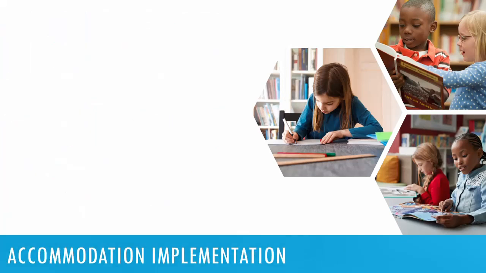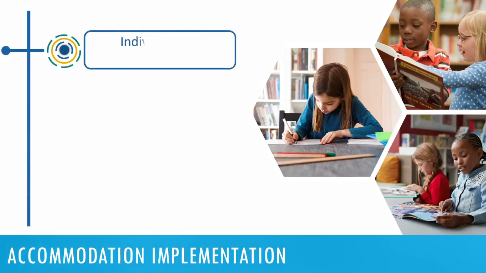Implementation considerations. While implementing accommodations to support students with dyslexia, teachers must take into consideration the following: individualized education plans, IEPs. Accommodations are often outlined in a student's IEP, which is a legally binding document in many educational systems.